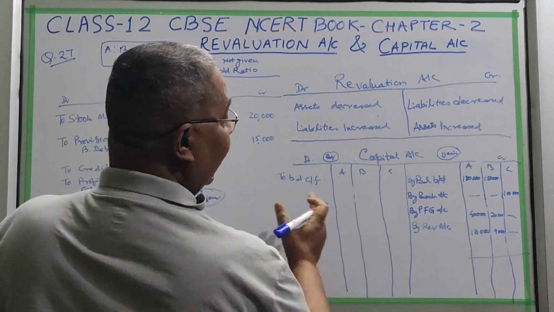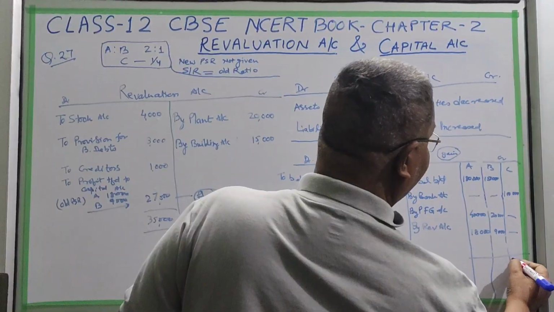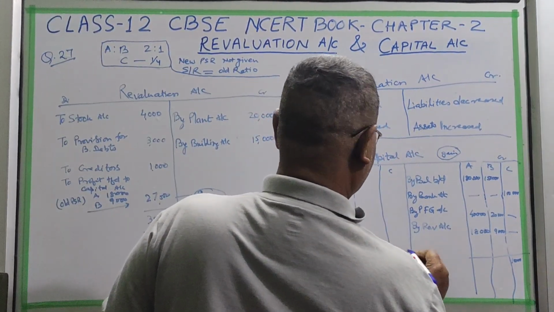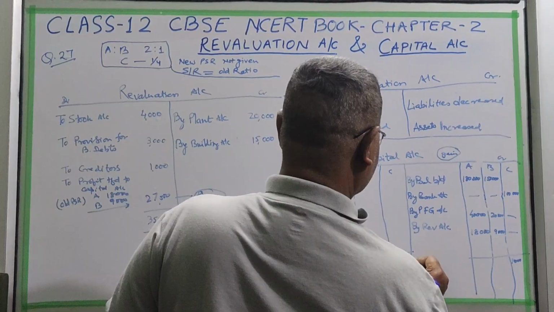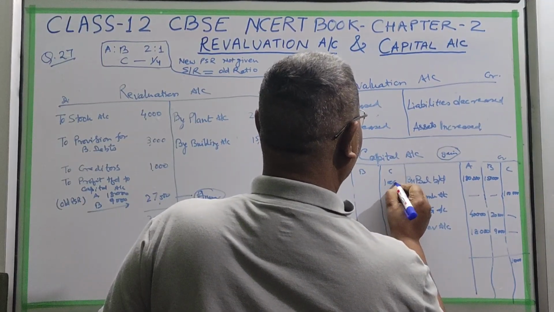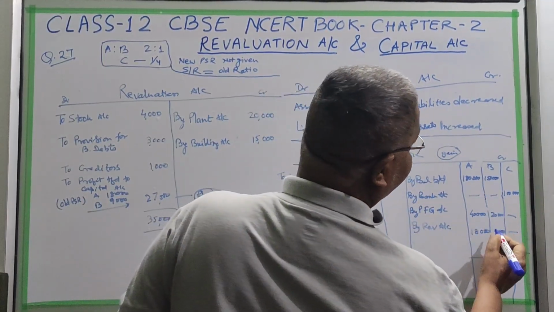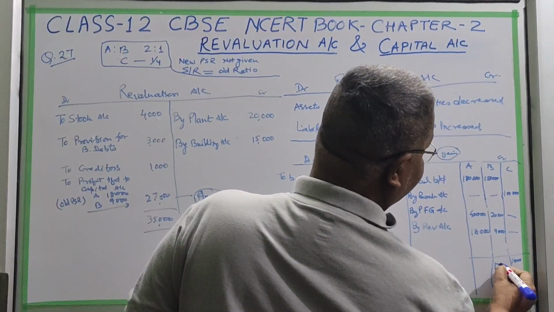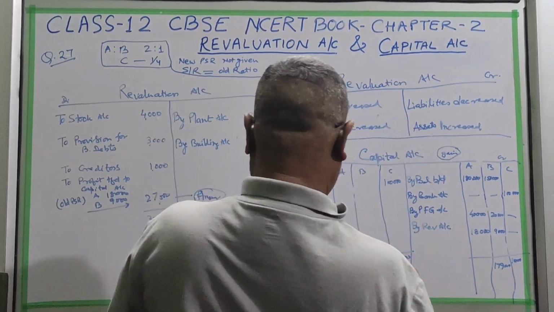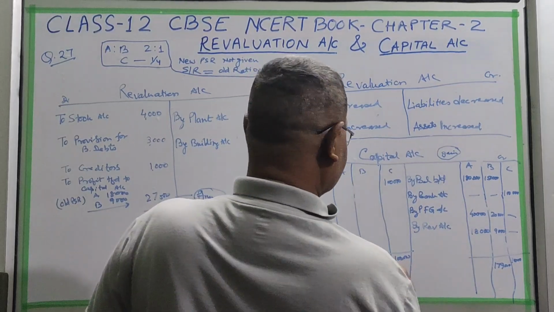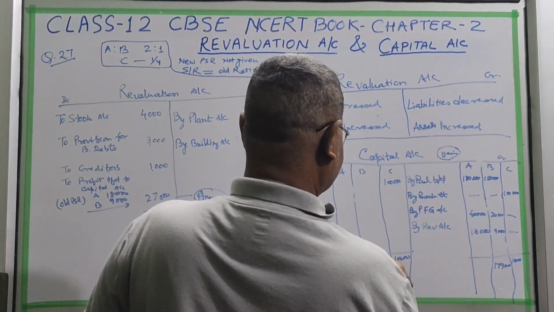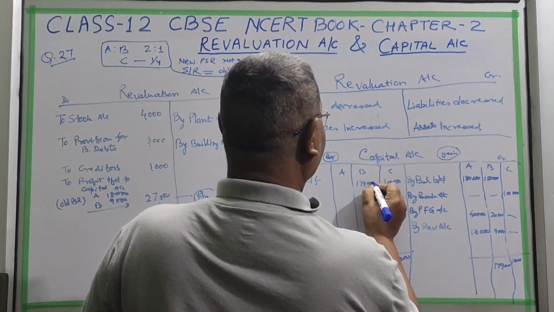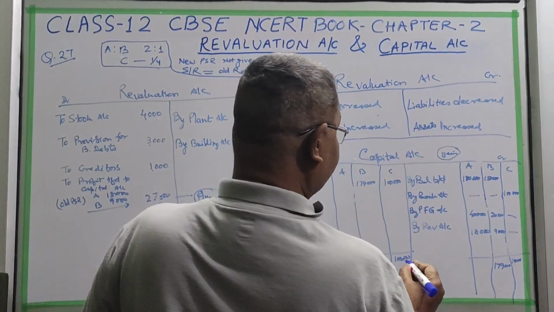Now the capital accounts balance we will take out. So 1 lakh. C's balance will be 1 lakh. Here 150 and 9, so 179. So this total will come here, 1,79,000. This is his balance.